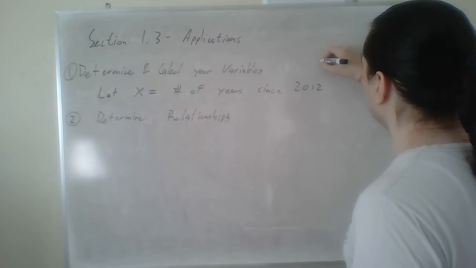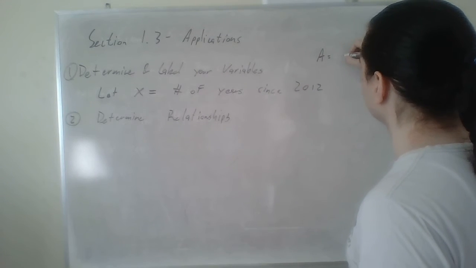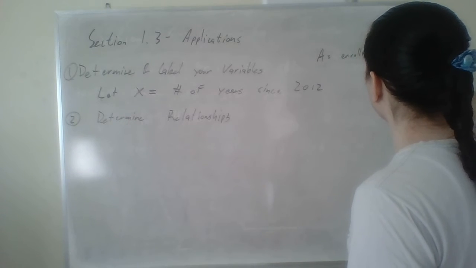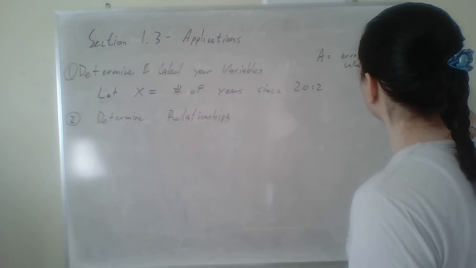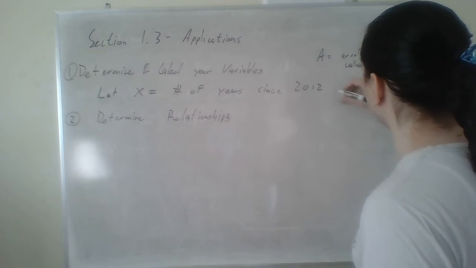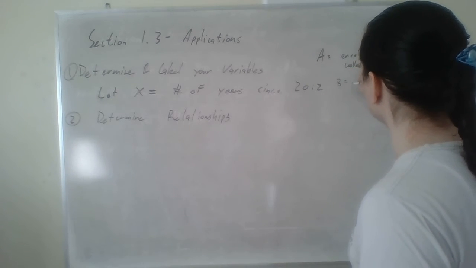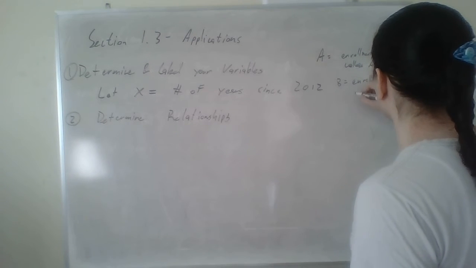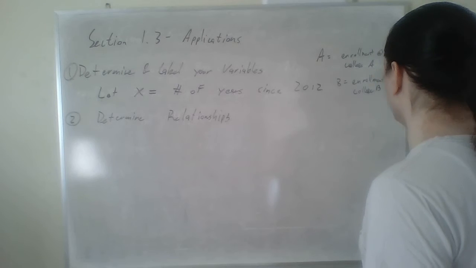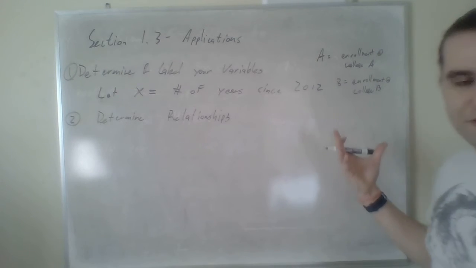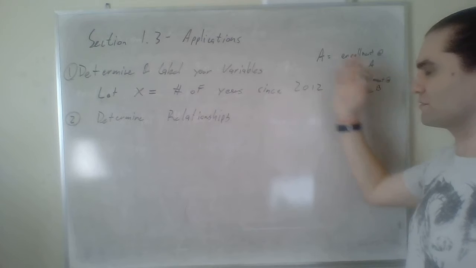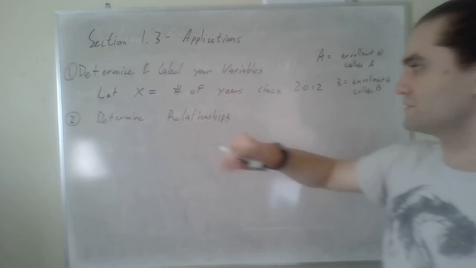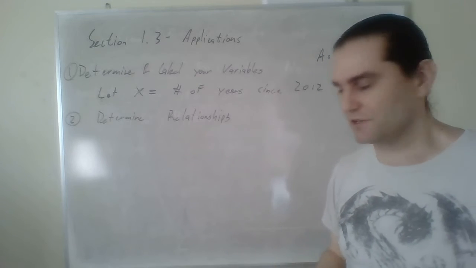Let's say that A is enrollment at college A, and B is enrollment at college B. So these are the three changing quantities I'm going to be working with. We have enrollments at A, we have enrollments at B. Both of those things depend on x, the number of years since 2012.